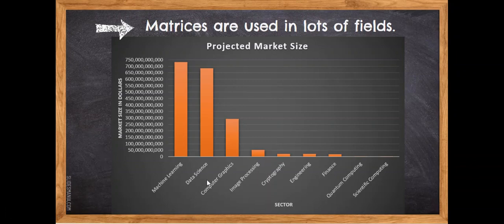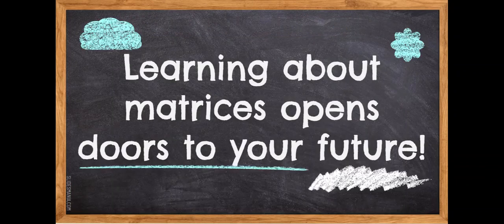Data science is not far behind at about $675 billion worth of the market. Computer graphics, image processing, cryptography, engineering, finance, quantum computing, and scientific computing also register over $1 billion, but not quite as much as some of the other fields where matrices are used.